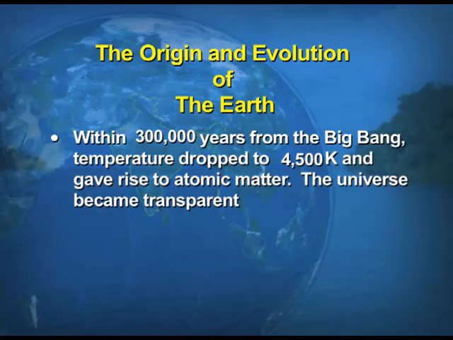It considers that all matter forming the universe was initially a tiny ball, a singular atom with an unimaginably small volume, infinite temperature and infinite density. Within 300,000 years from the Big Bang, temperature dropped to almost 4,500 Kelvin and gave rise to atomic matter.